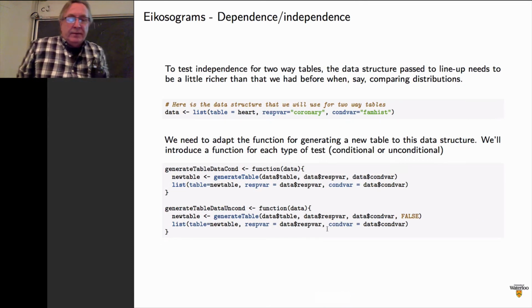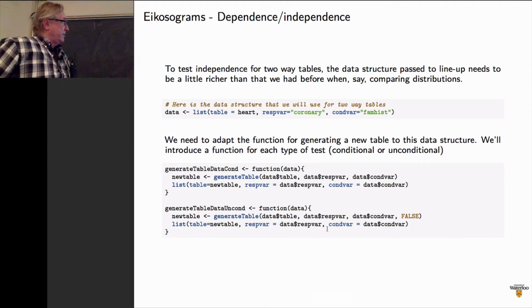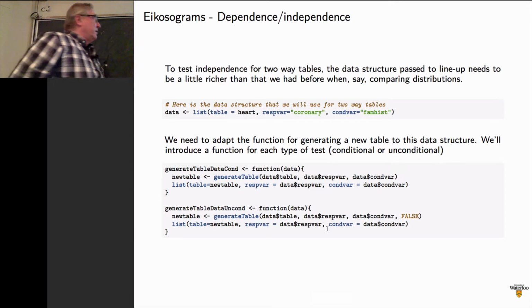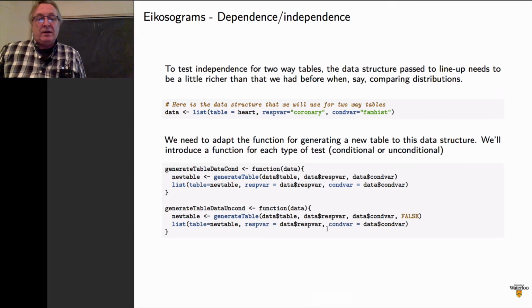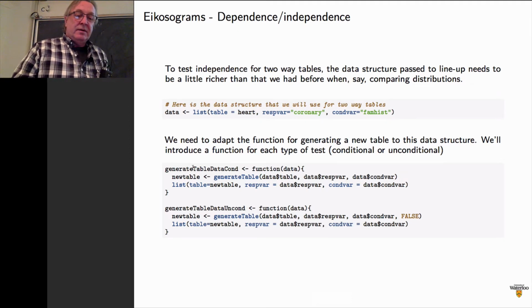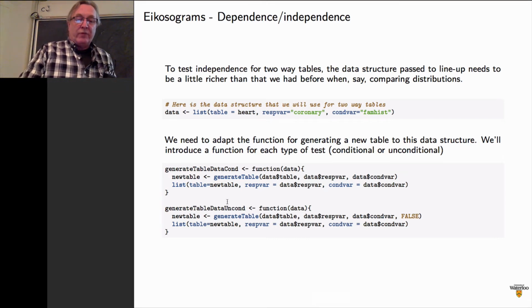I'm going to need a new kind of data set. So I have to have a table, and I have to know which is the response variate, which are the conditioning variates that you're going to be using, and therefore adapt these generating functions that generate the data, either conditionally or unconditionally, depending upon one for each, because the lineup has to be given a particular choice, and they're both going to call this generate table, which we just wrote, and they're going to return this fancier data structure.